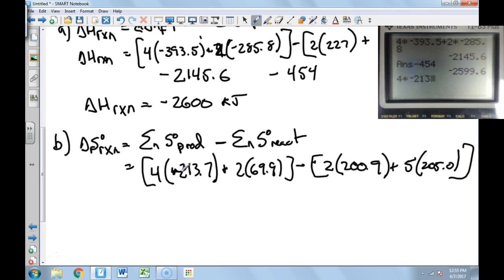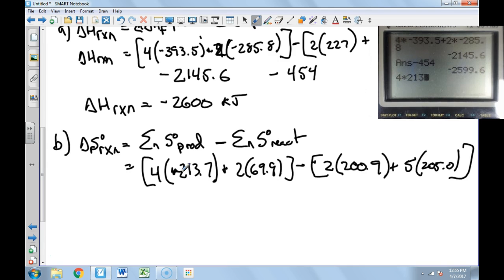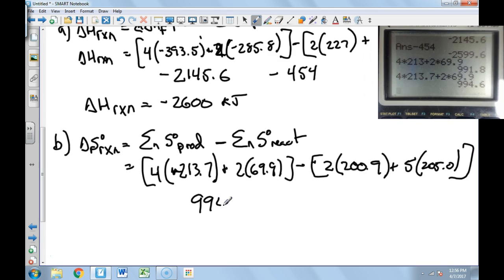That's not negative. So this side is 994.6 minus, now we do the reactant side.